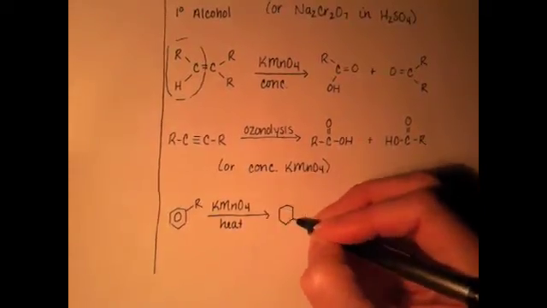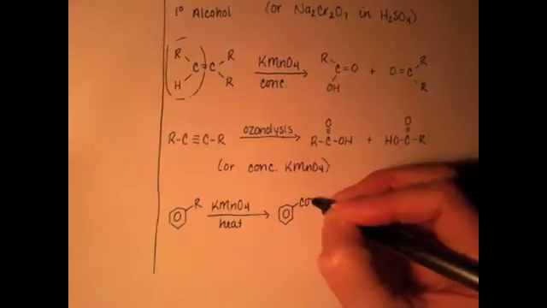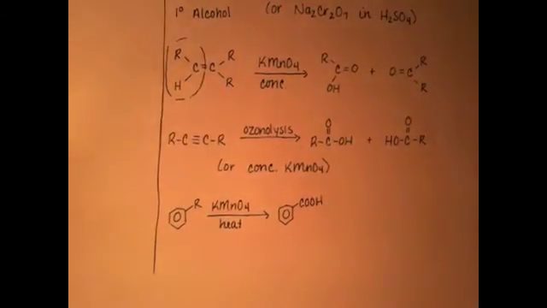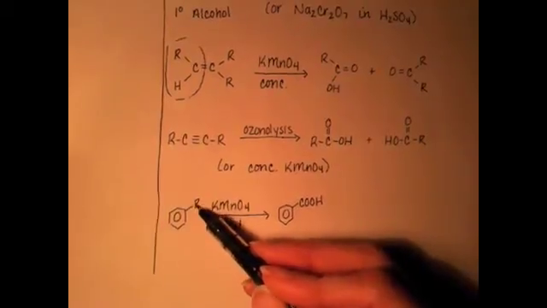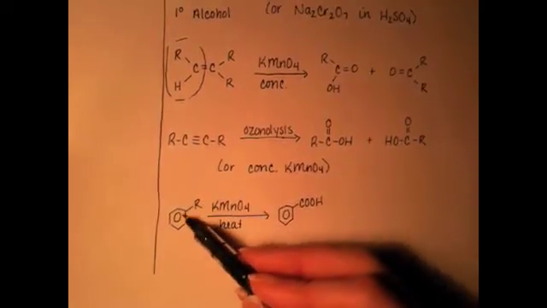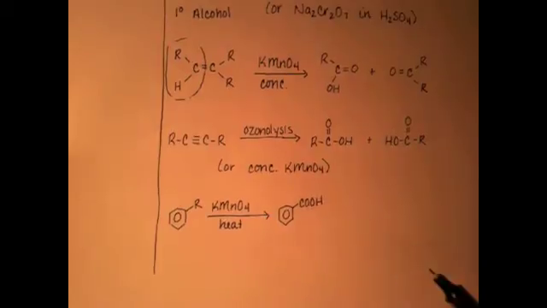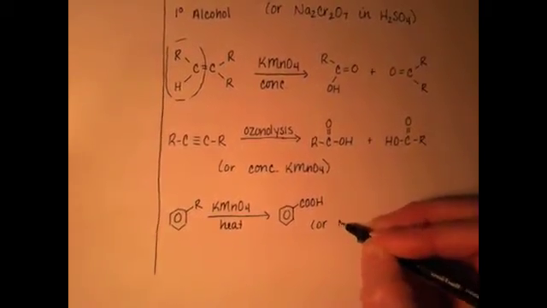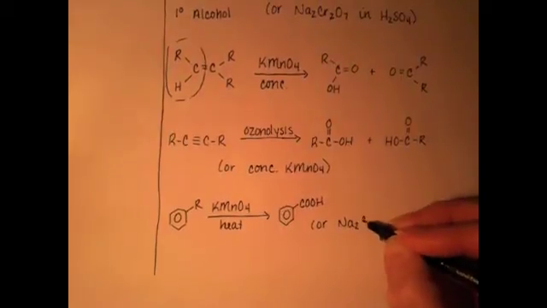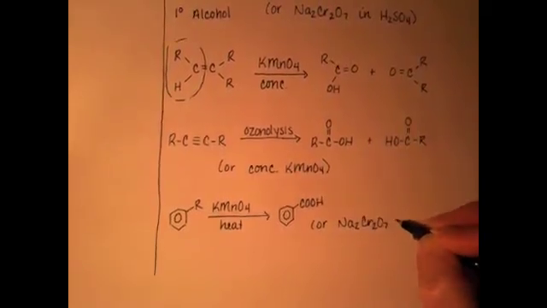And no matter how big that alkyl group is, it chops it all the way down to a single carbon carboxyl group. Again, this could be even just a big giant benzyl group hanging off of here, and it's going to chop it all the way down. Or you could also use sodium dichromate.